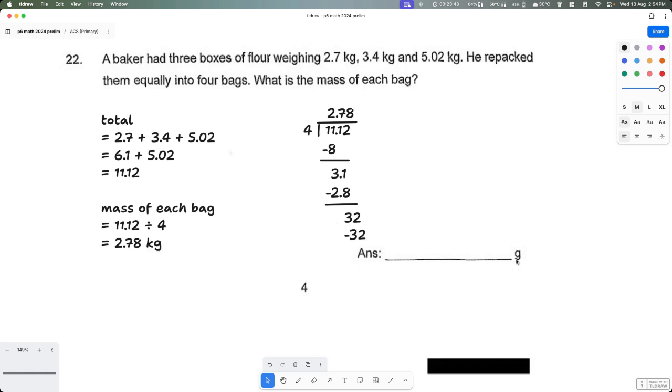They want it in grams, which is equal to 2.78 times 1000, which is equal to 2780 grams. So I'm just going to put here 2.78 kg is equal to 2780 grams. Be careful on what you need to write over here, otherwise you get it wrong.